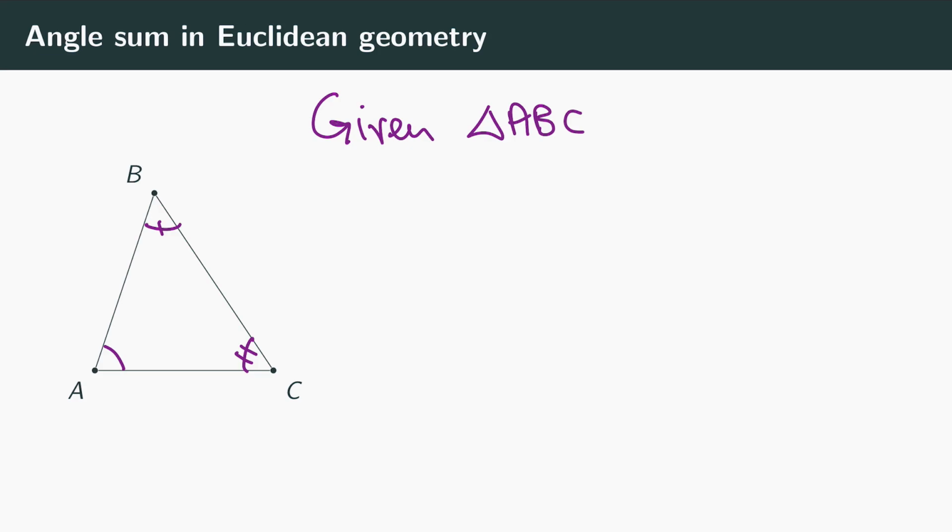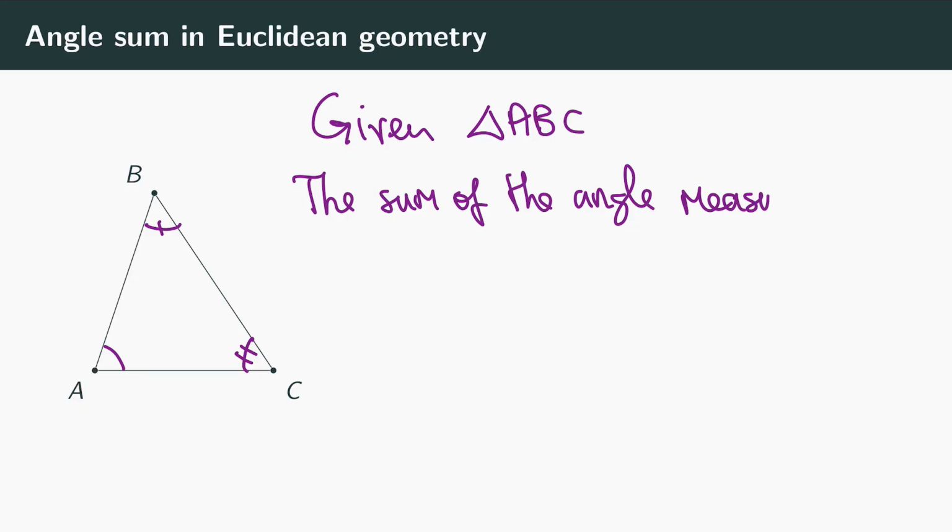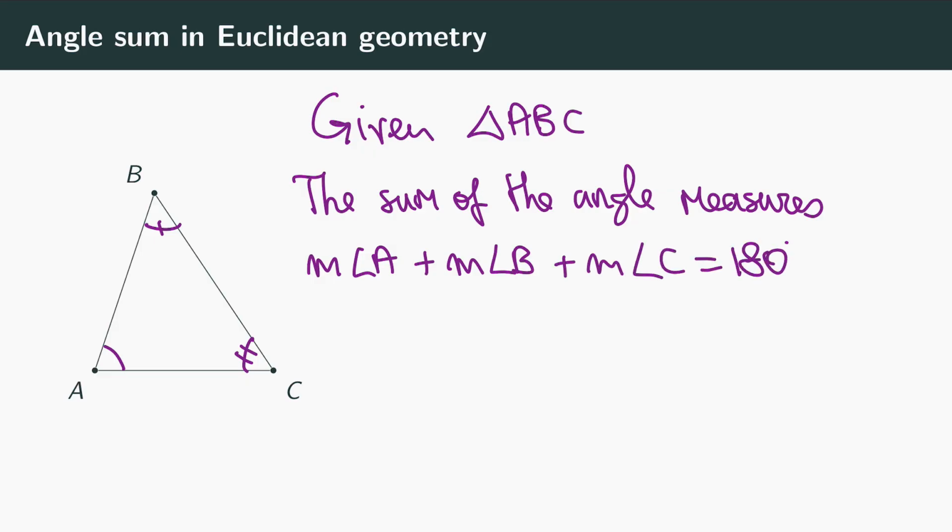Then the statement, as you've most often seen it, is the sum of the angle measures of the interior angles is 180 degrees. So the sum of the interior angles of my triangle is 180 degrees.